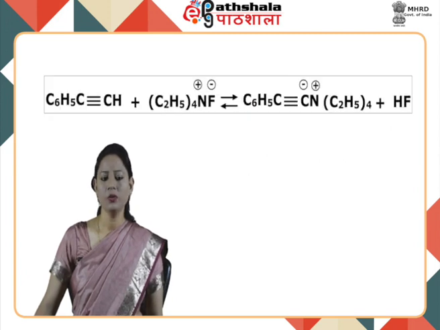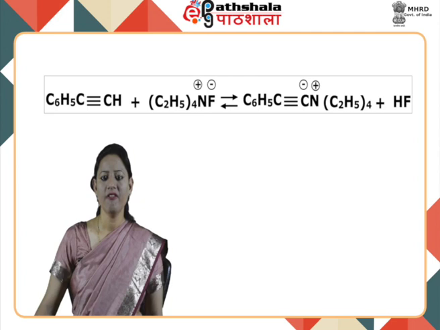We can also generate carbanions of weak CH acids. The fluoride ion has the ability to cleave a proton from those CH acids whose pKa value ranges from 20 to 28 and forms carbanions of weak CH acids.